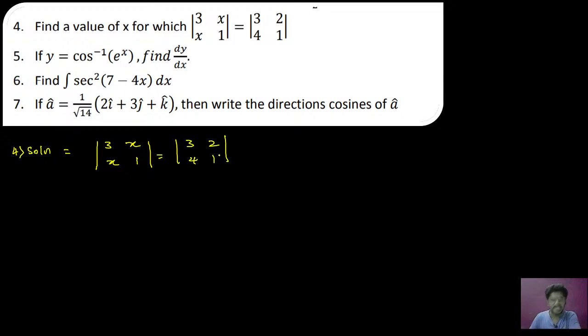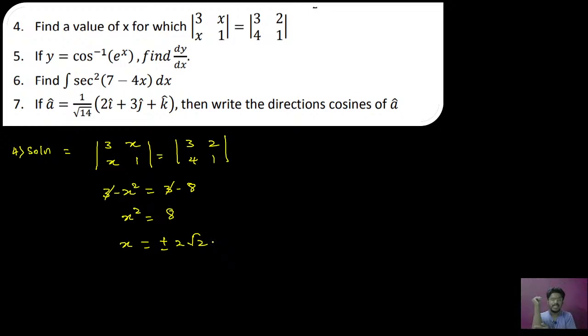So you have determinants here. We have to solve the determinants. That will be 3 minus x square equal to 3 minus 8. So 3 will get cancelled, x square will be 8, and x will be equal to plus or minus 2 root 2. X will be equal to plus or minus 2 root 2.